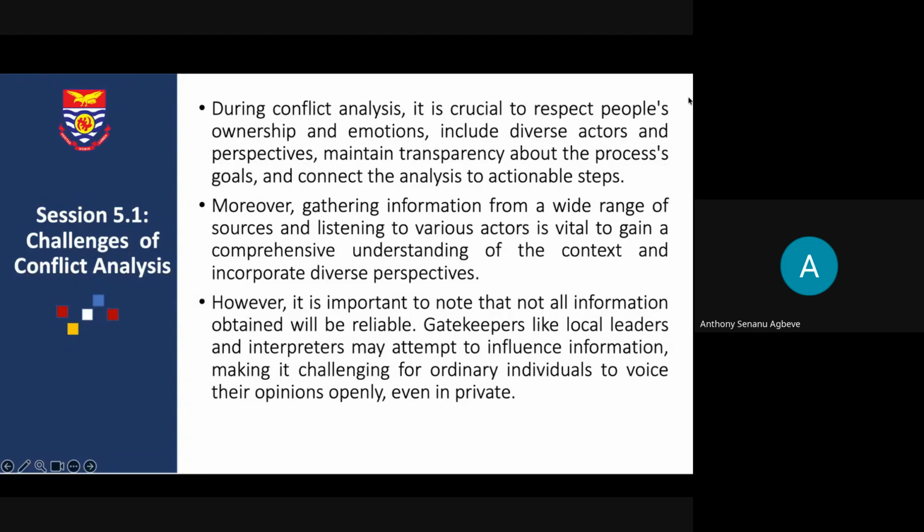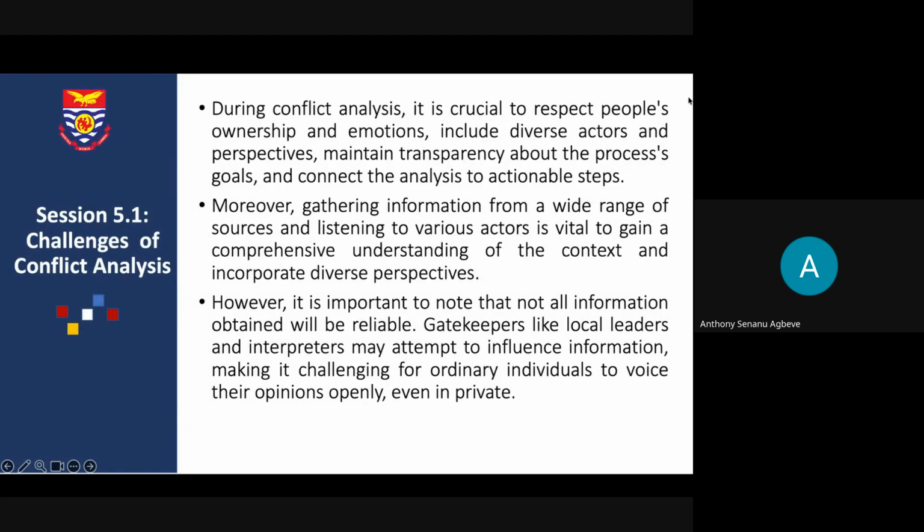Or for example, you've spoken to one person, and someone says, "Oh, for me, I've lost about 10 family members as a result of this conflict." And then you go to the next place and you're interviewing another person who says, "As for me, I just lost one person." And then your response is, "Hey, then you are lucky."